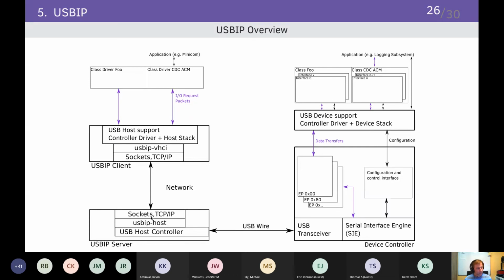That could be just a Linux host that exports this device over a network and over the USB IP protocol to another Linux host that is a client. In the Linux kernel itself, the respective modules are the USB IP virtual host controller interface and the USB IP host or stub driver.